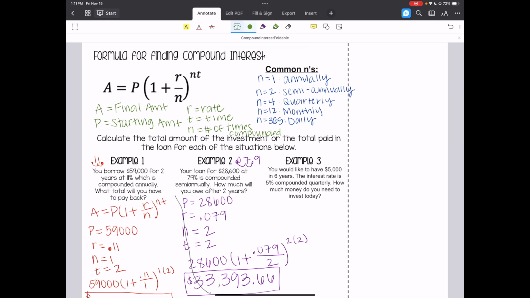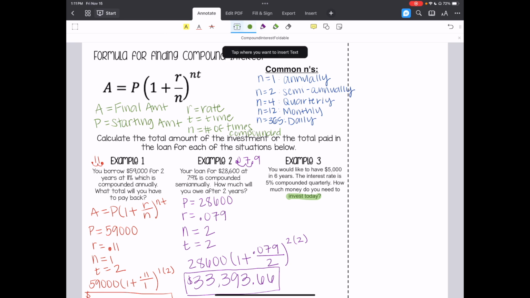Example 3 is a little bit different than the other 2. It says you would like to have $5,000 in 6 years. The interest rate is 5% compounded quarterly. How much do you need to invest today? So that means we are not solving for our final amount. We are solving for our starting amount.